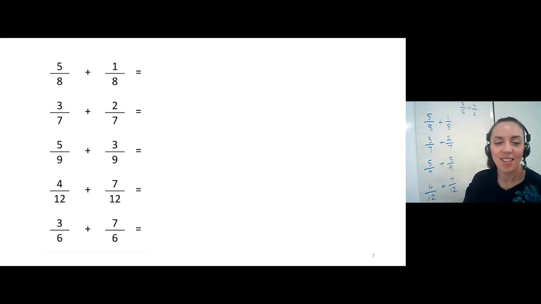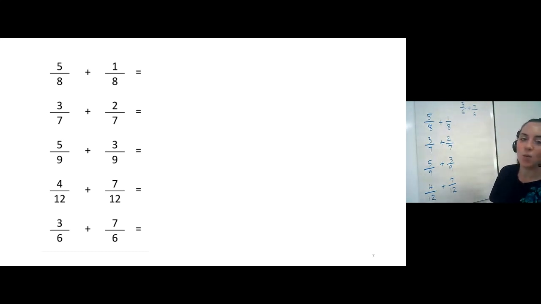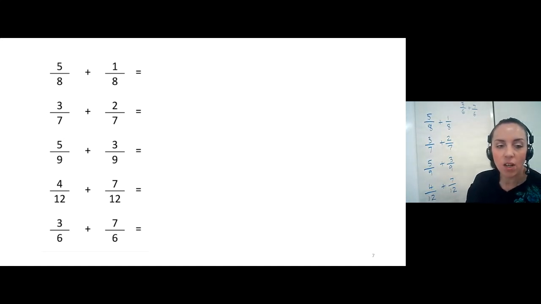The first one is 5 over 8 plus 1 over 8. The second one is 3 over 7 plus 2 over 7. The third one is 5 over 9 plus 3 over 9. Then we have 4 over 12 plus 7 over 12. And then 3 over 6 plus 7 over 6.